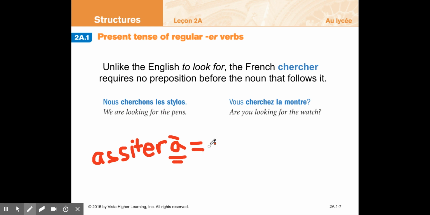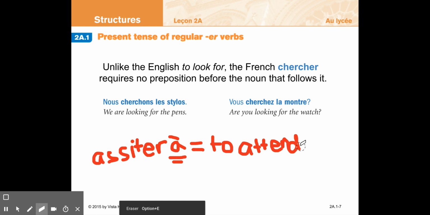So if you're talking about what school you attend, you would have to use the preposition à. So you would say, "j'assiste à South Forsyth High School," or "j'assiste à Vickery Creek Middle School." So you always have to have that preposition, even though in English you just say "to attend." So it's kind of the opposite there.